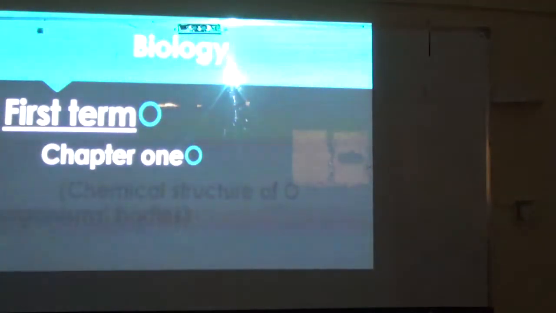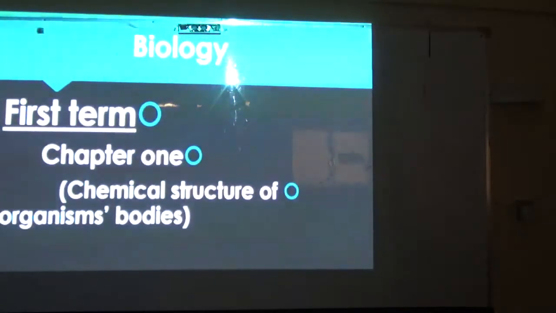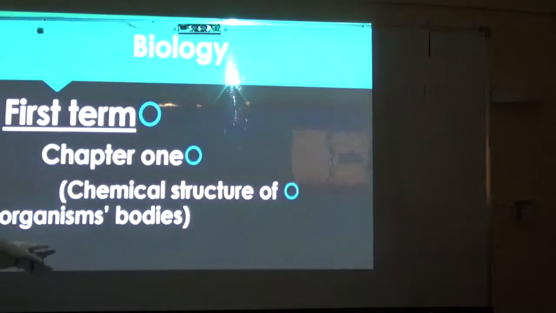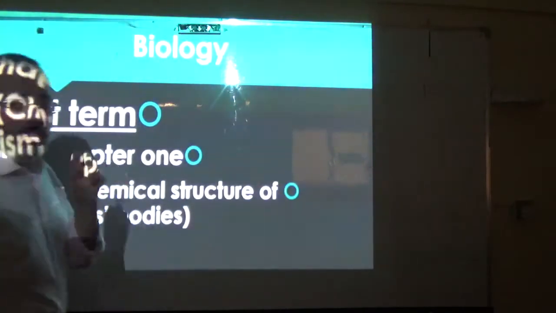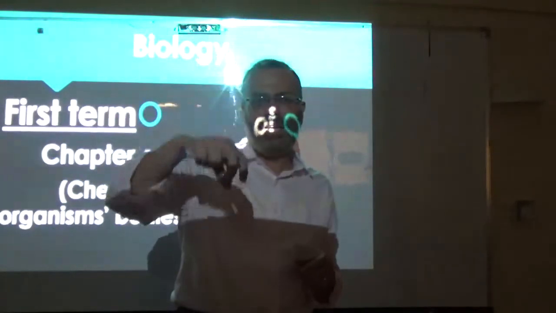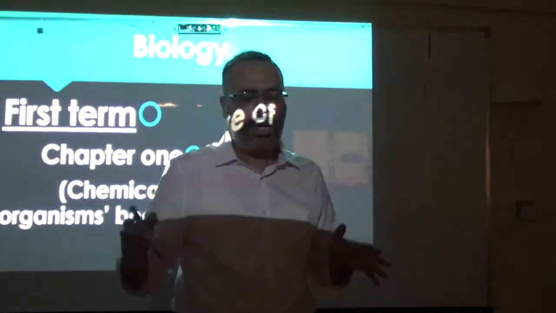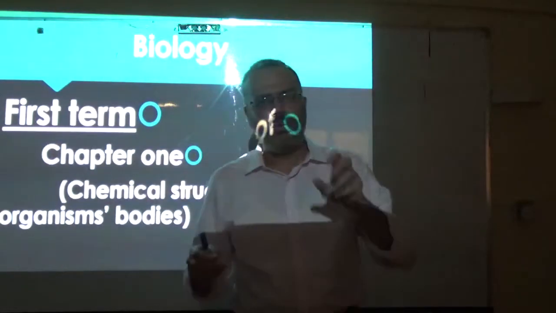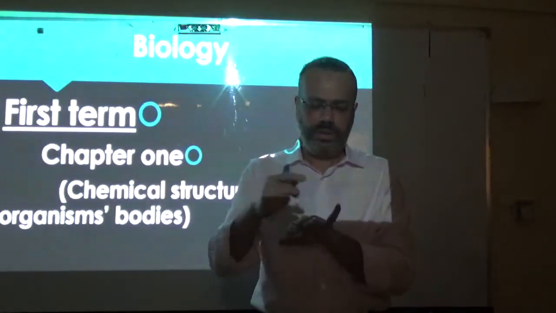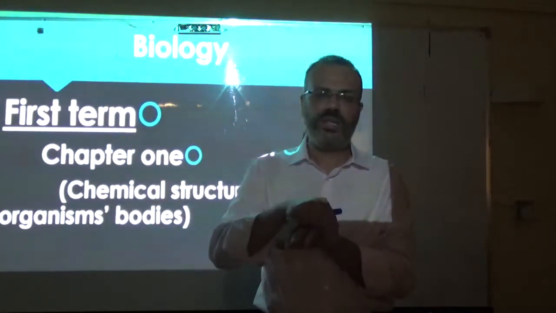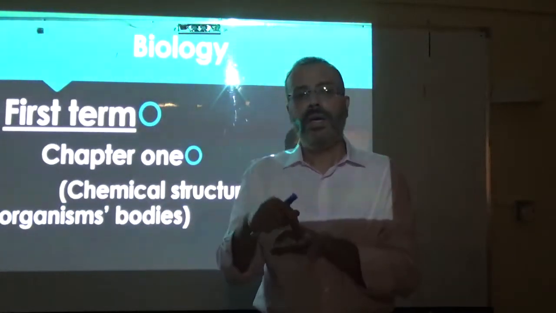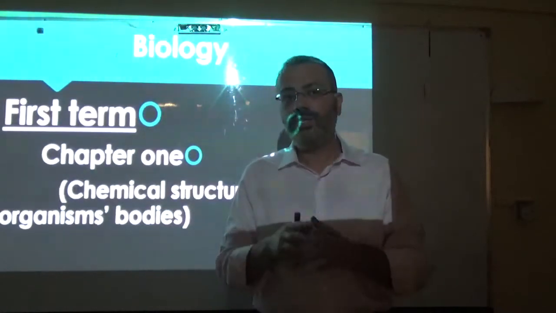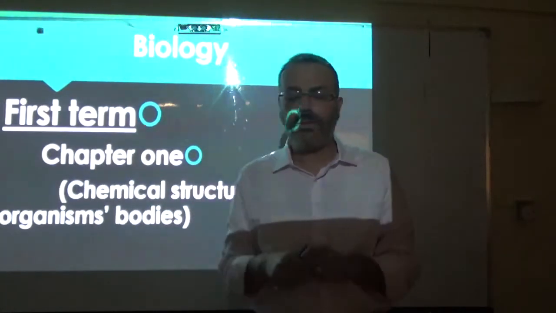Our chapter today, its title is Chemical Structure of Organisms' Bodies. We want to know what the chemical structure of the bodies is. As we know, the body of any living organism consists of systems, each system consists of organs, each organ consists of tissues, and each tissue consists of a group of cells.